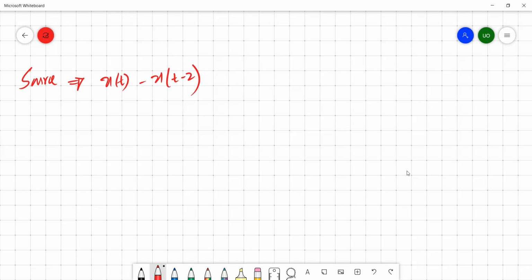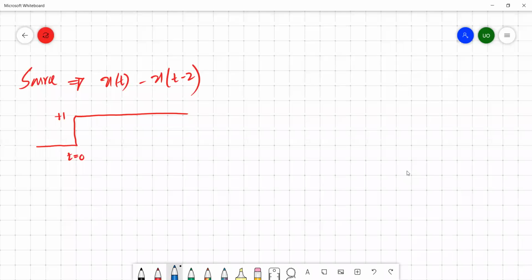So u(t-2). This is your u(t). From t equals 0 onwards, the functional value is 1. Otherwise, it's 0. This is u(t).